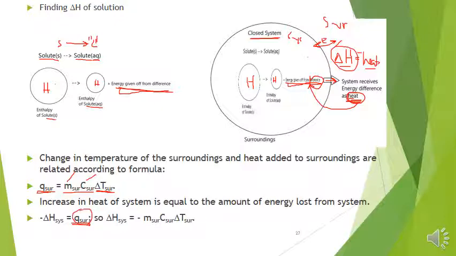And then we can replace this with this over here, and we get this formula. So we can measure this on the surroundings, and since we know these two are equivalent, we can figure out this. And that's what we're going to do. Show an example of that.